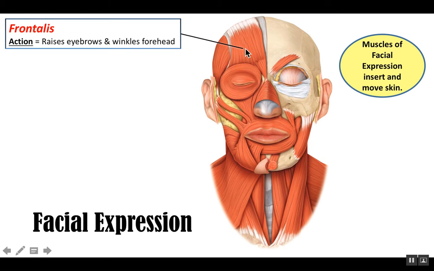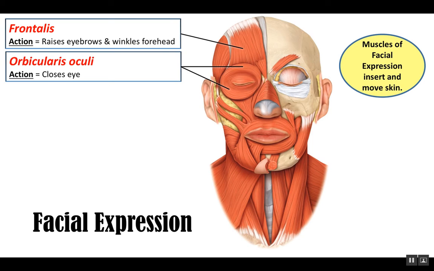It continues down, here's the muscle portion, and inserts just underneath your eyebrows. So it inserts into the skin just underneath your eyebrows. So when this muscle contracts, it pulls that skin up towards its origin. So this muscle, when it contracts, it raises your eyebrows and therefore wrinkles your forehead. That is a facial expression.